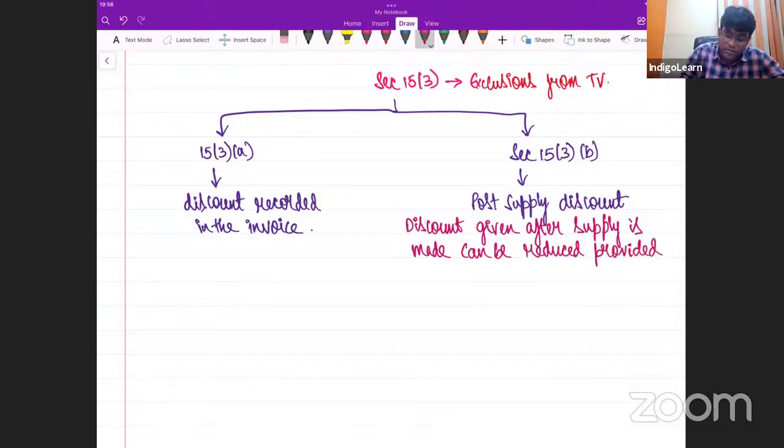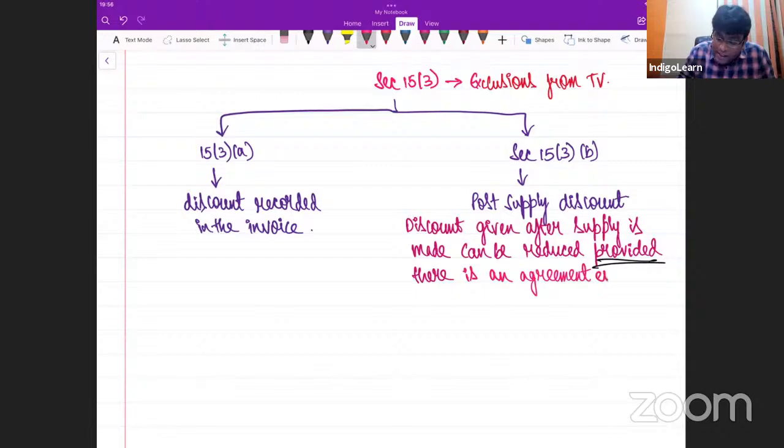provided, this is very important, provided means what? Conditional. Provided there is an agreement existing at the time of supply. That means starting itself, we know that tomorrow we'll give discount.